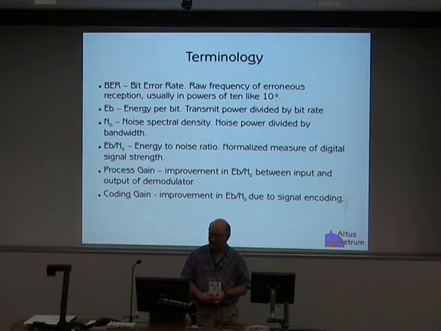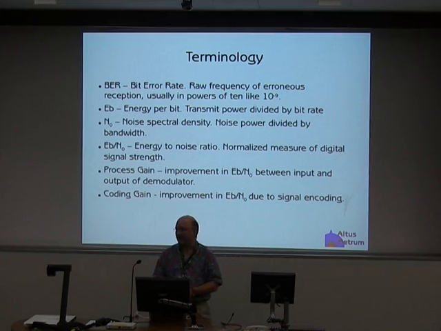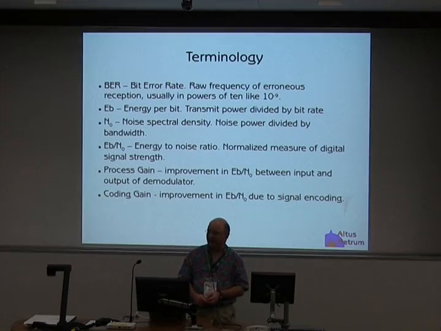And the interesting unit that we use in most coding scheme analysis and most processing gain analysis is the Eb/N0 number, the Eb, energy per bit, divided by the noise per hertz, the spectral noise density. That gives you a normalized notion of how good your coding system is, independent of the bit rate of the system and independent of the actual transmission technology.